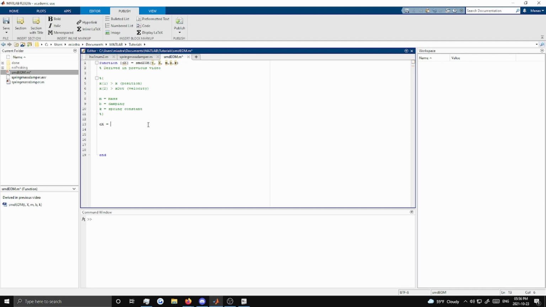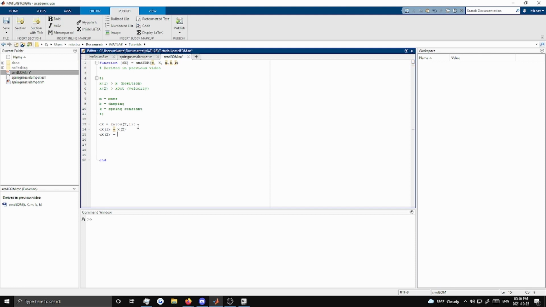So we will set up our matrix. We want it to be a column matrix, so a 2 by 1, and we'll set the value of each one. The first value is the second value, so the derivative of the position is velocity, and that's what this first term is.